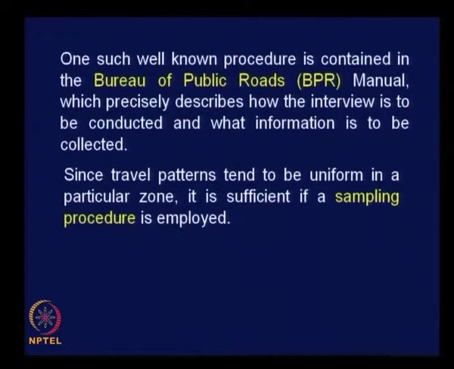This implies that if there are 1000 households in a traffic zone, you are not going to collect information from all the households. You are going to have a sample. Only a certain percentage of the households will be covered for the home interview survey. The reason is this: travel patterns tend to be uniform in a particular zone.